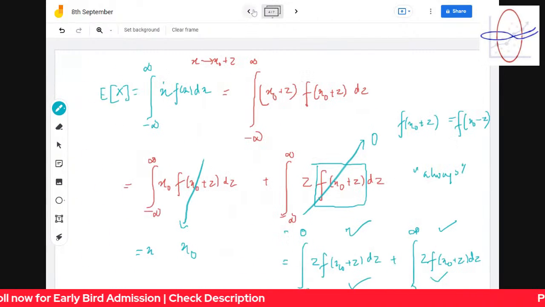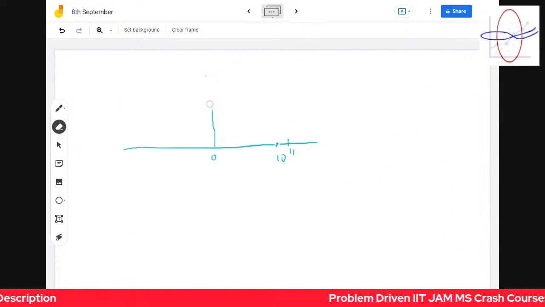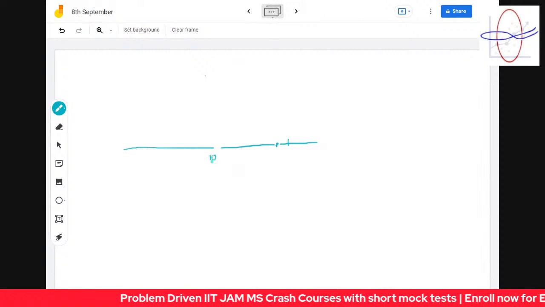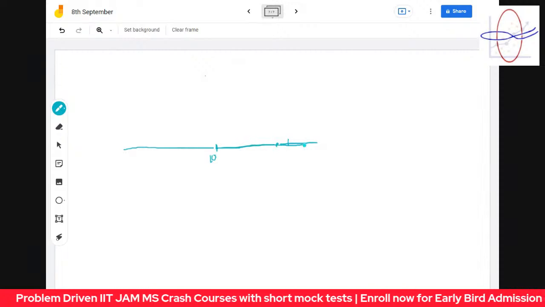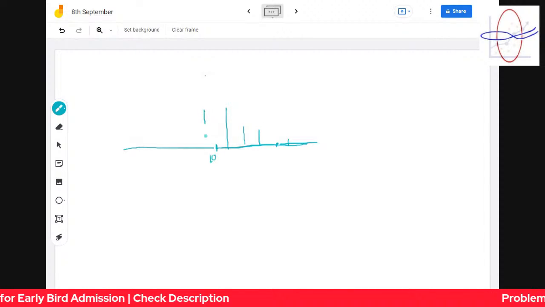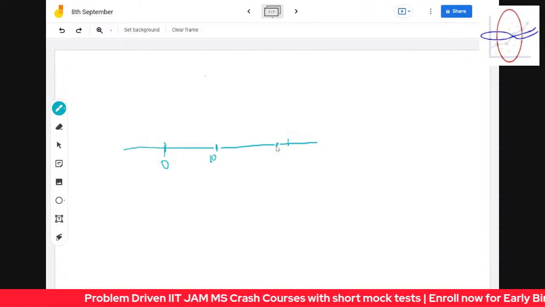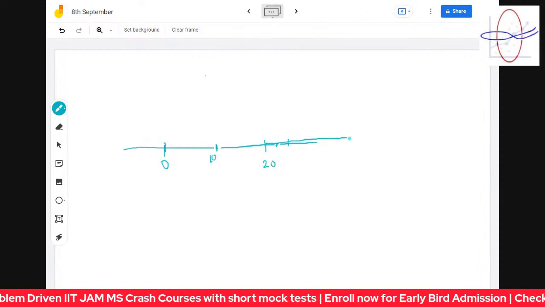Oh, by the way, I made a small mistake. I'm sorry, 10 is the symmetric point. What I mean is that at 10 it may not have any value, and in fact what can happen is that in 0 to 10 and in 10 to 20, since it's symmetric, there is no value.